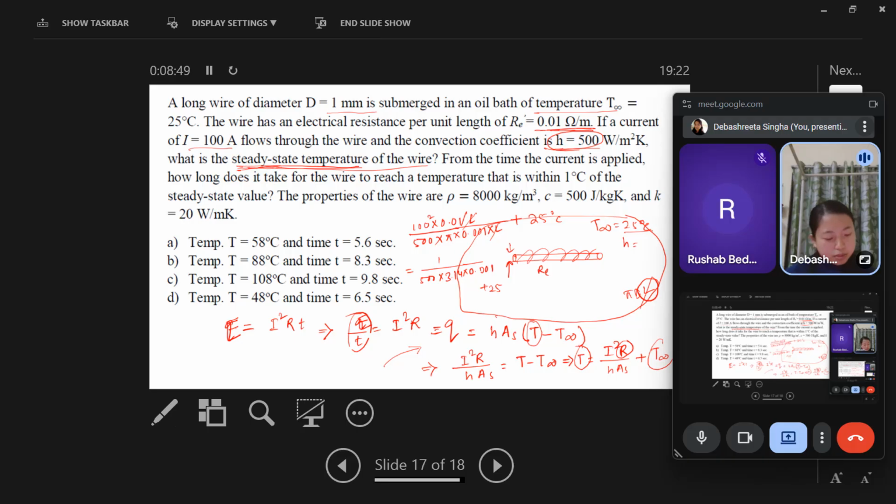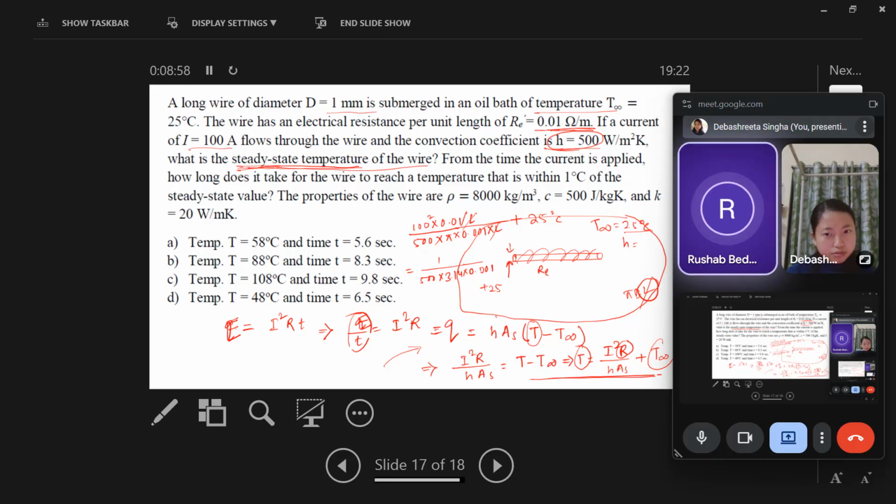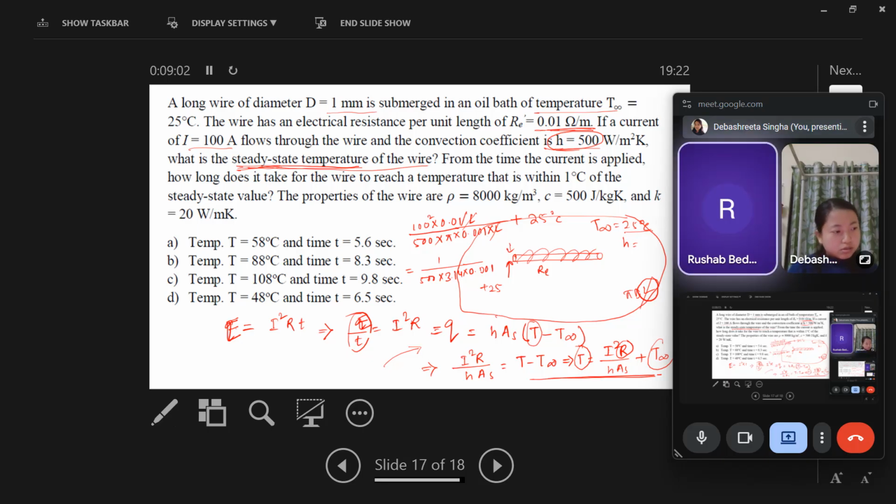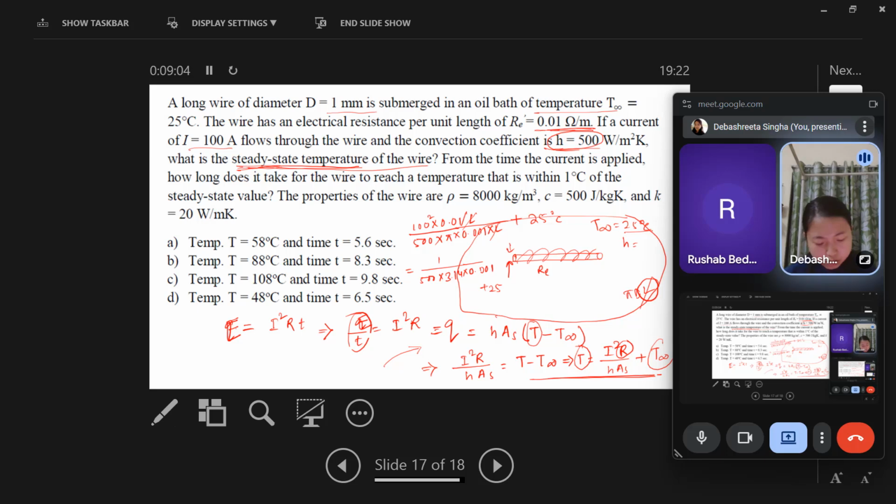Have you got the concept up till this point? 48 degrees Celsius. Yes. Okay, the answer is actually around 88.7 degrees Celsius. I don't know, I have not calculated this, but the answer is given to be around this.